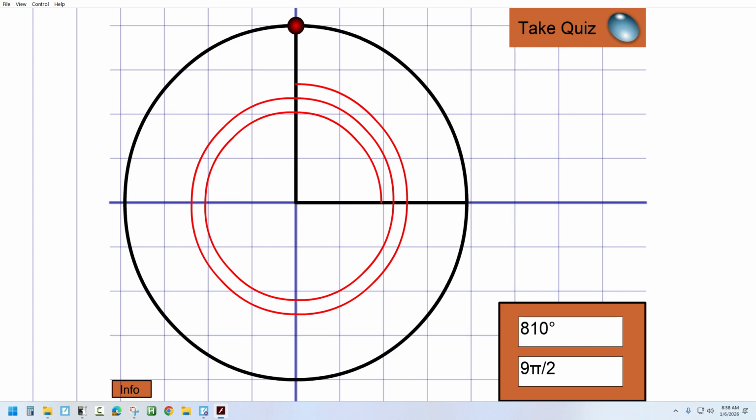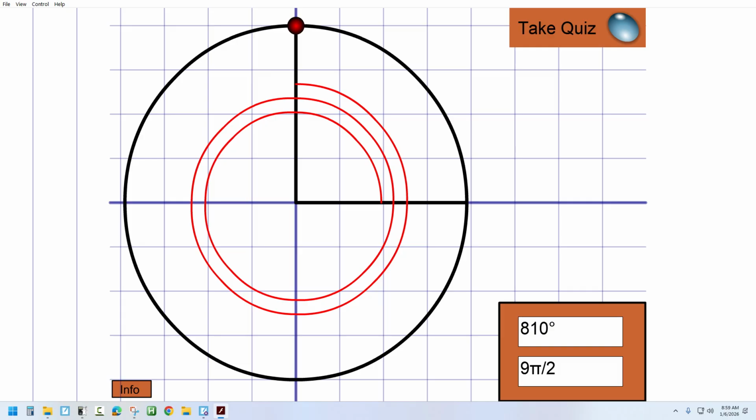What am I doing? Think arithmetic-wise. I know I'm going around one time, but I had 90, I had 450, and I had 810. Those three all look exactly the same if you ignore the red spiral. That's just showing you how many times you went around. But what are you doing each time you go around? Adding 360.